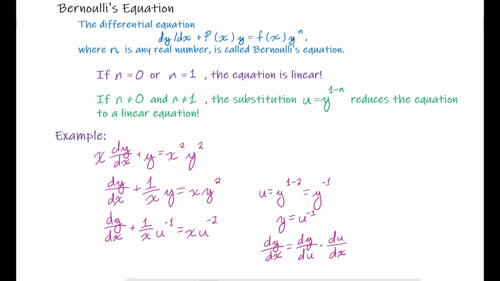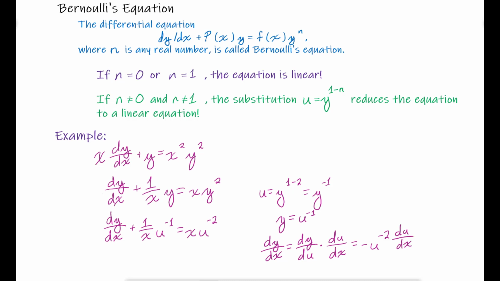Applying the chain rule, I get dy/dx equals dy/du times du/dx. Now, dy/du is going to be negative u to the negative 2 power. And since du/dx doesn't have any y's in it, I can leave it as du/dx, and I will.